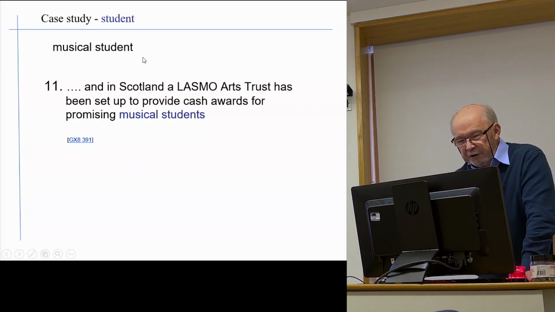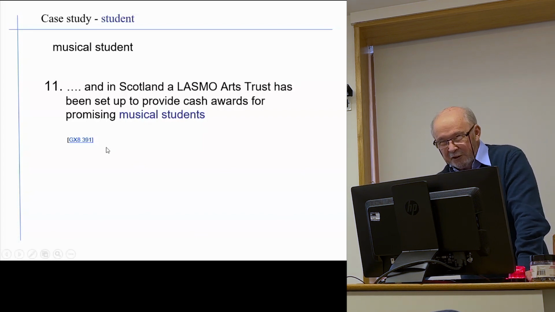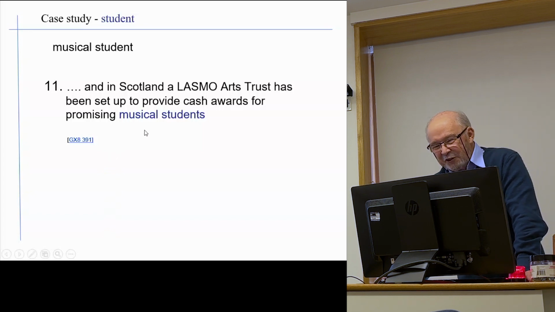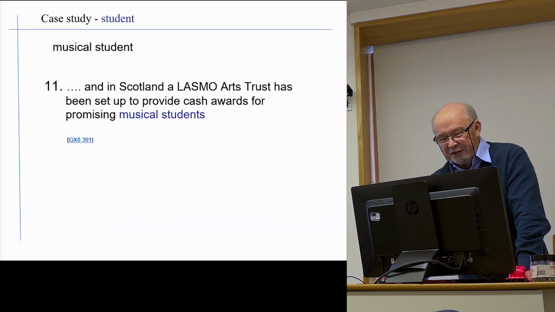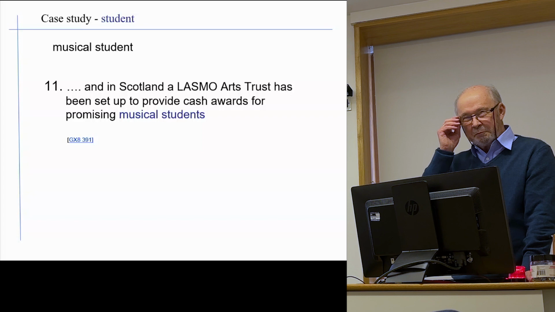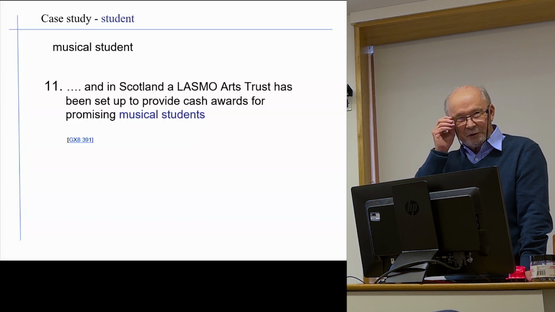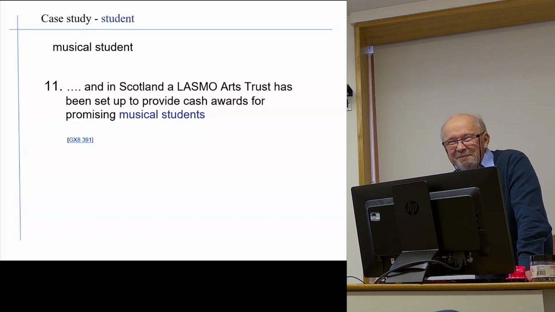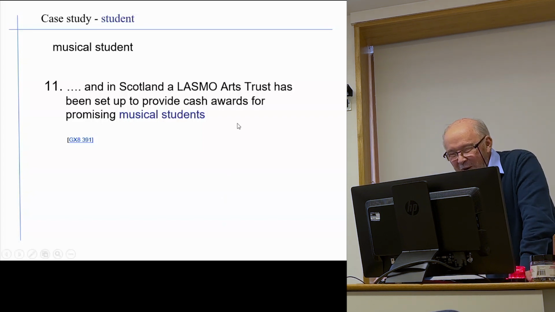Why did we get musical student? I thought I'd have to put this in because it's a Scottish example and perhaps somebody can enlighten me. And in Scotland, a Lasmo Arts Trust has been set up to provide cash awards for promising musical students. I presume that means music students and not students of musicals or something like that. But somebody might know what Lasmo is.